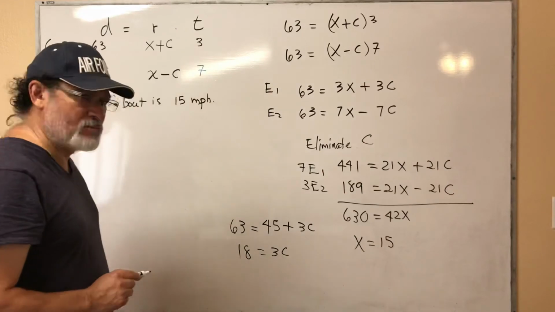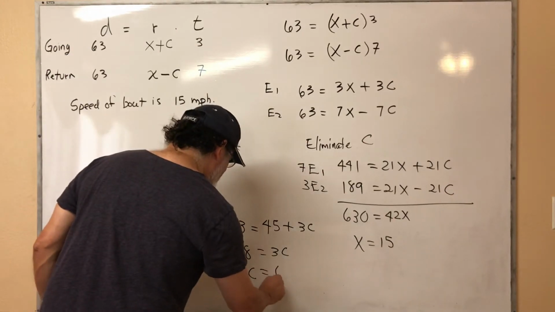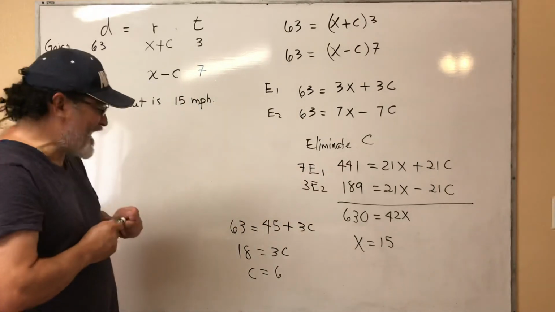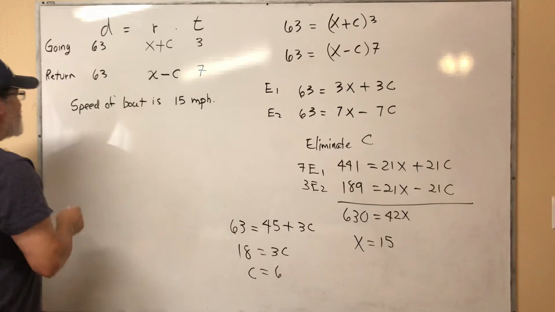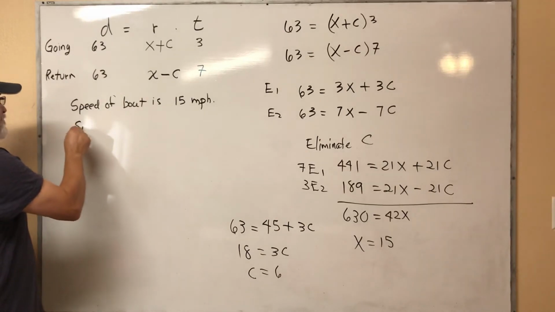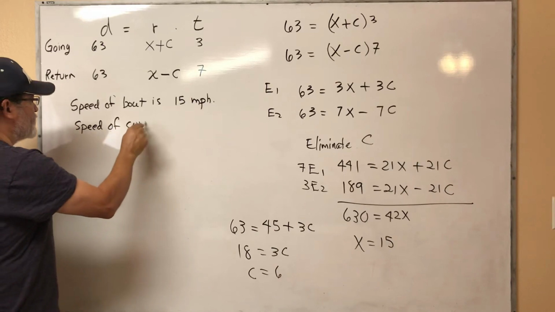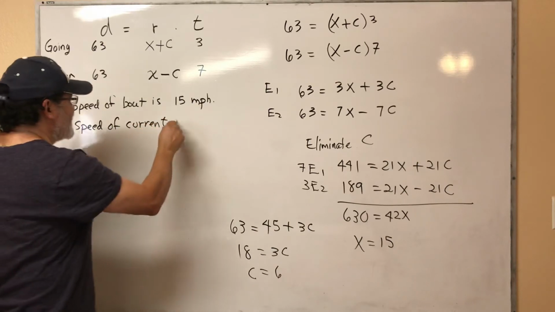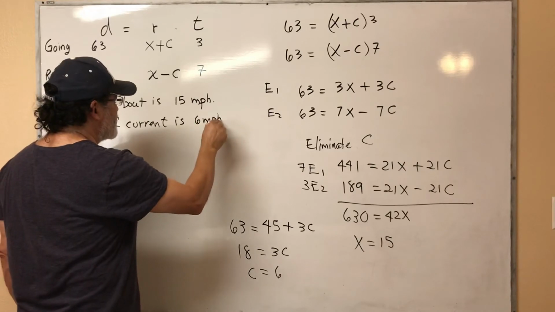That's what I did. And now c must equal 6. That is the speed of the current. So the current speed is 6 miles per hour.